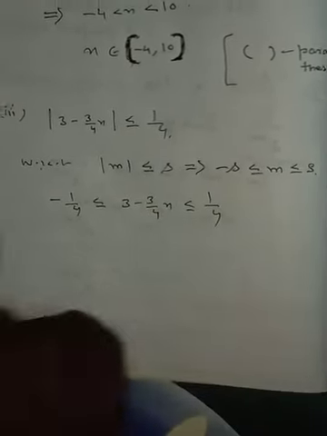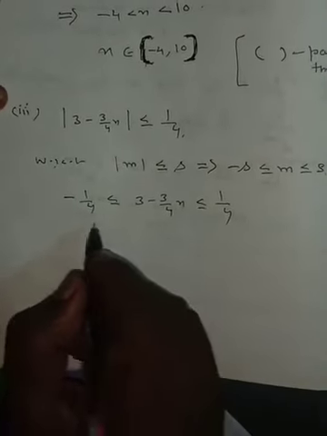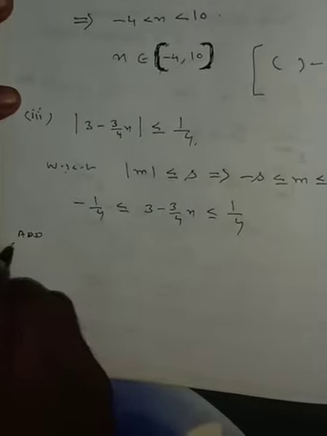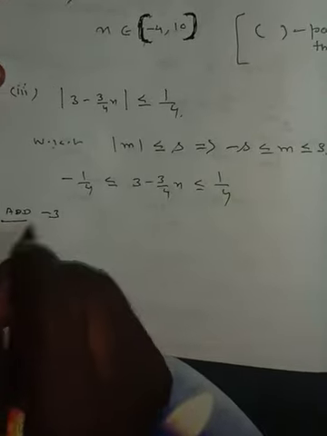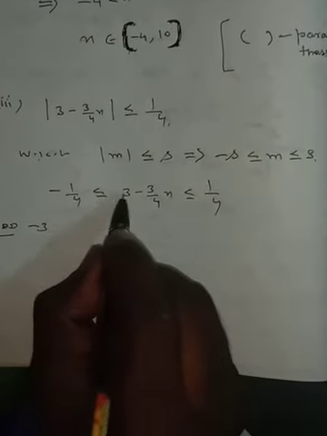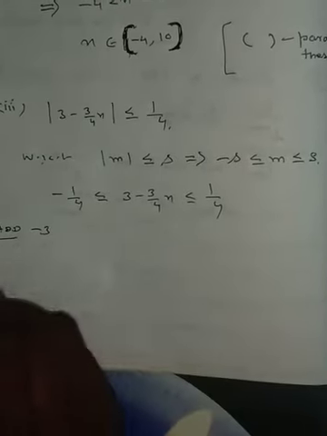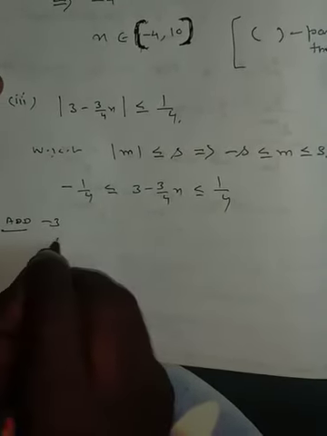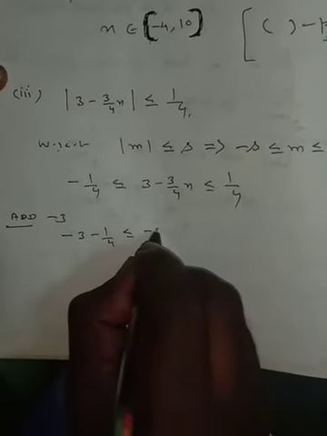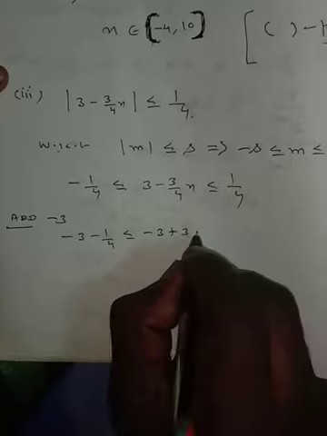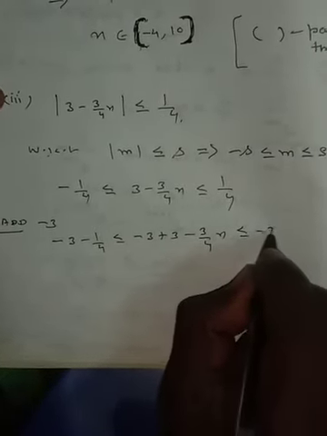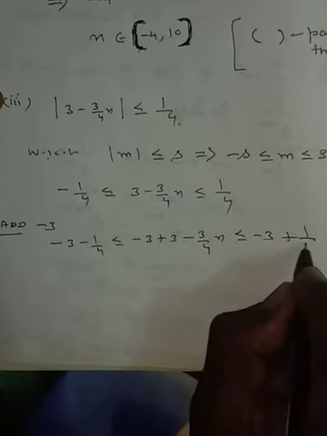Now adding minus 3. Why? The middle term has plus 3, therefore to eliminate this 3 we have to add minus 3. So minus 3 minus 1 by 4 less than or equal to minus 3 plus 3 minus 3 by 4x less than or equal to minus 3 plus 1 by 4.